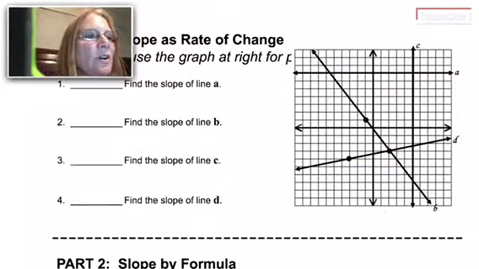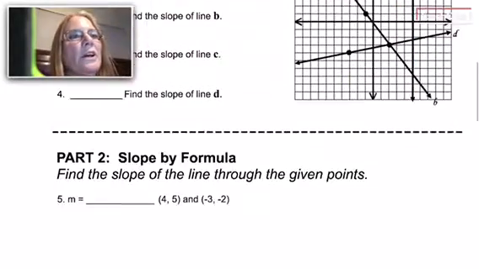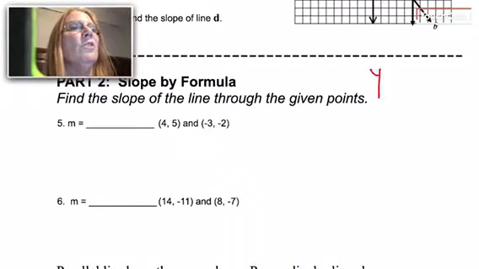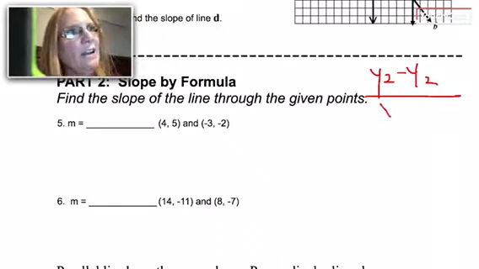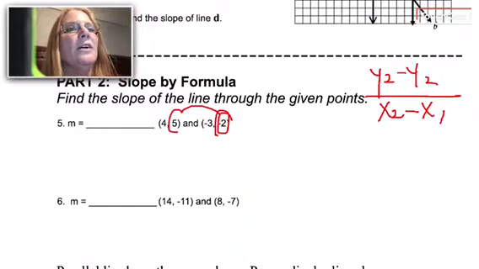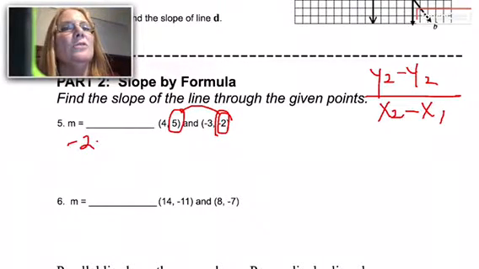Staying with slope, we're going to move on, and we're not going to have a graph, but we're going to have 2 points. When we have 2 points, we could graph them, or we can use the formula y2 minus y1 divided by x2 minus x1. It doesn't matter which point you start with. Let's start with negative 2, and then we'll subtract a positive 5. So negative 2 minus 5, and then for x, negative 3 minus 4.